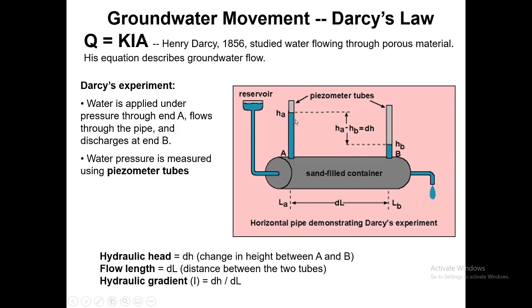We are providing it some head as well. We have the length, and we will determine how much time it will take and under what conditions it will be moving.